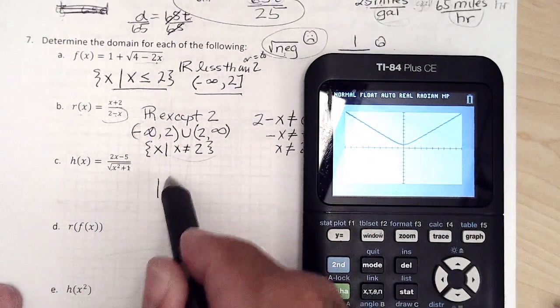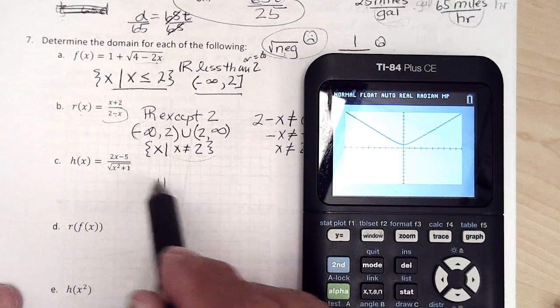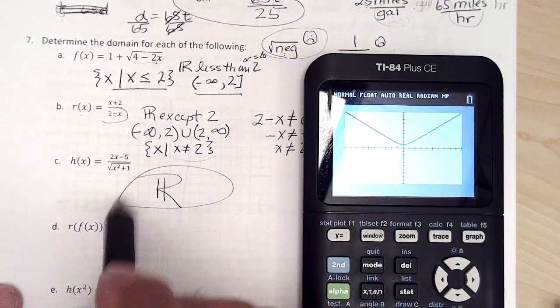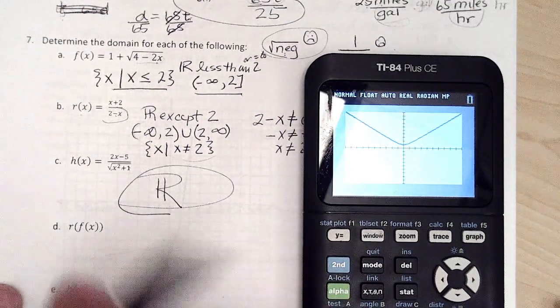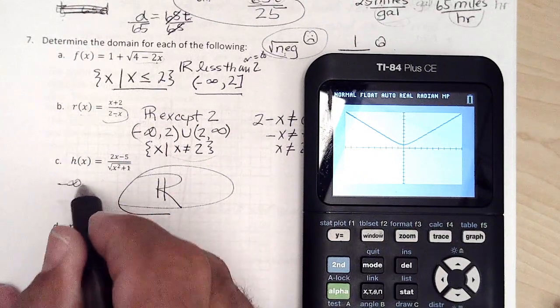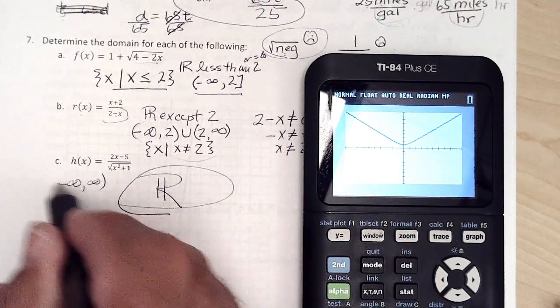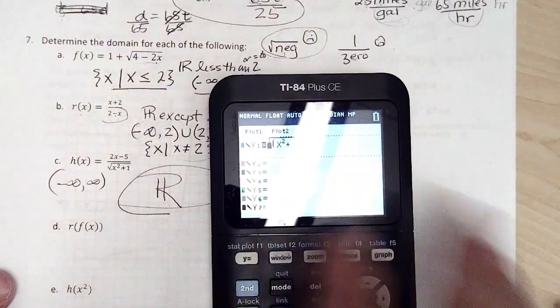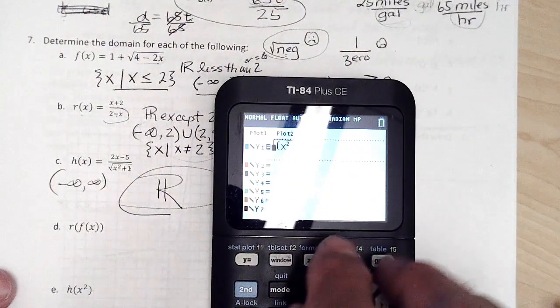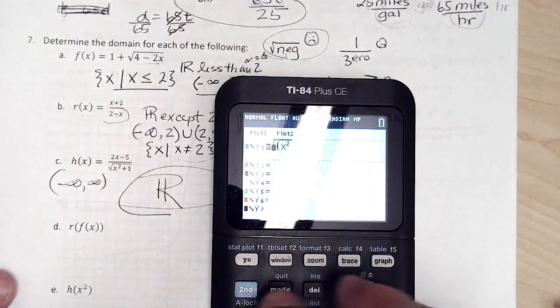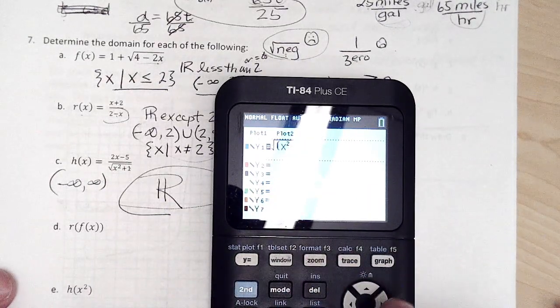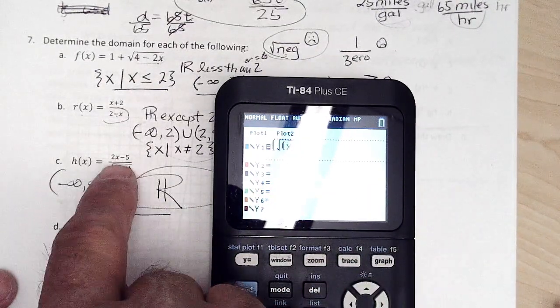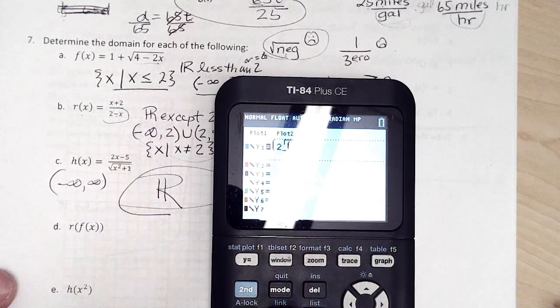So that means I can use any number. This graph will show up everywhere. All reals. Or I could say from negative infinity to infinity. Any number works in there. I could actually graph the whole thing. I can say this, in front of it, we have a parenthesis 2x minus 5, close parenthesis, divided by.